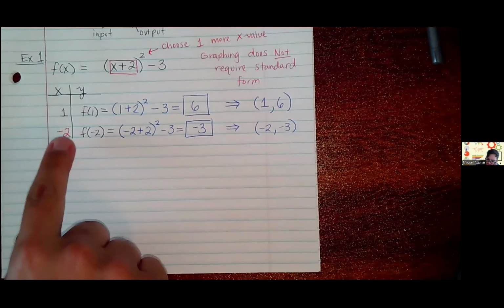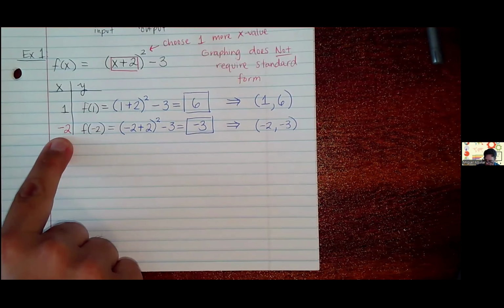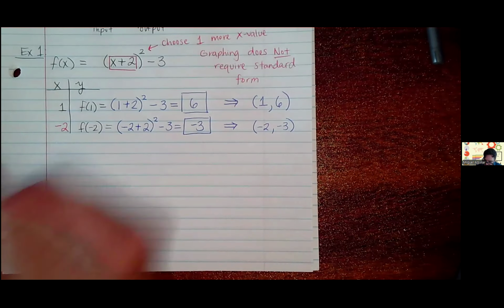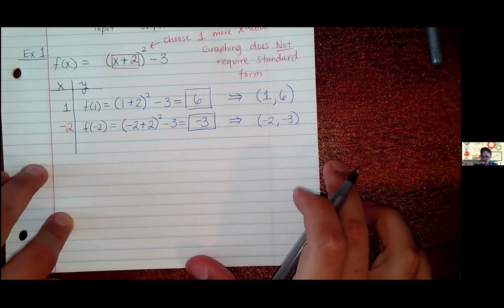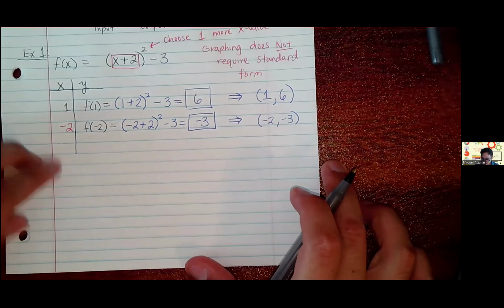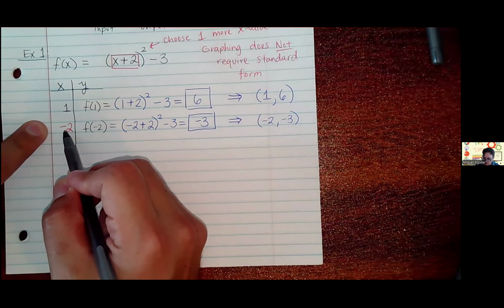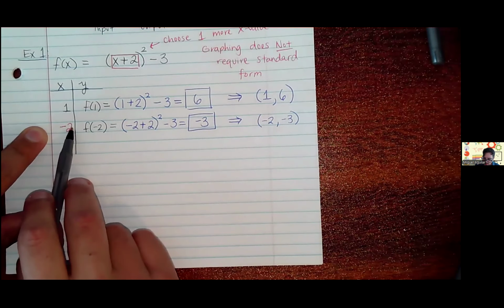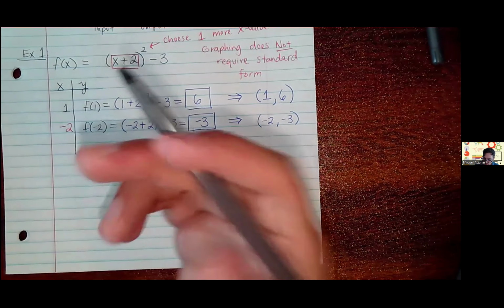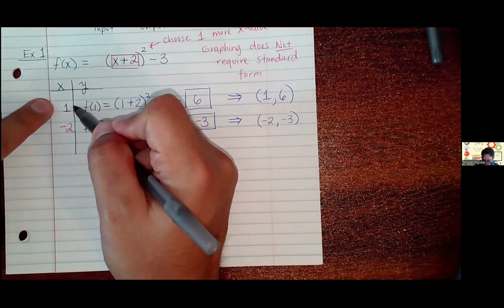So we chose 1, we chose -2, and I'm going to choose this one for you guys because I kind of want my numbers to be symmetric. So if I think about -2 as being in the middle of my graph, then 1 would be three numbers up. So it'd be -2, then -1, 0, and then 1.